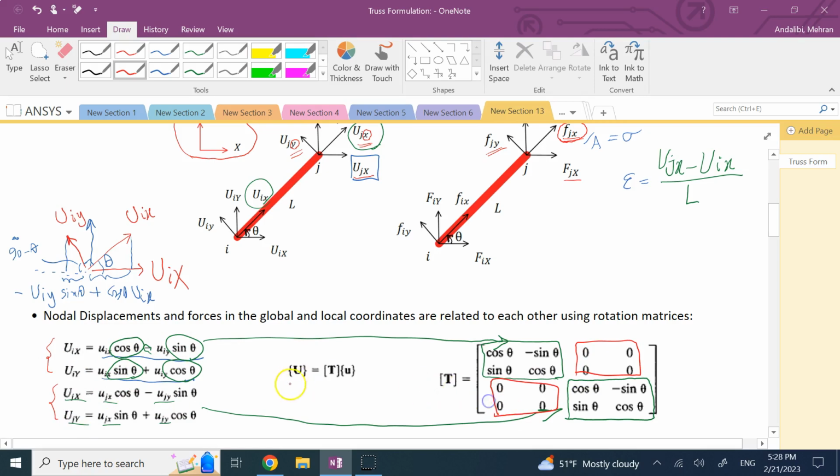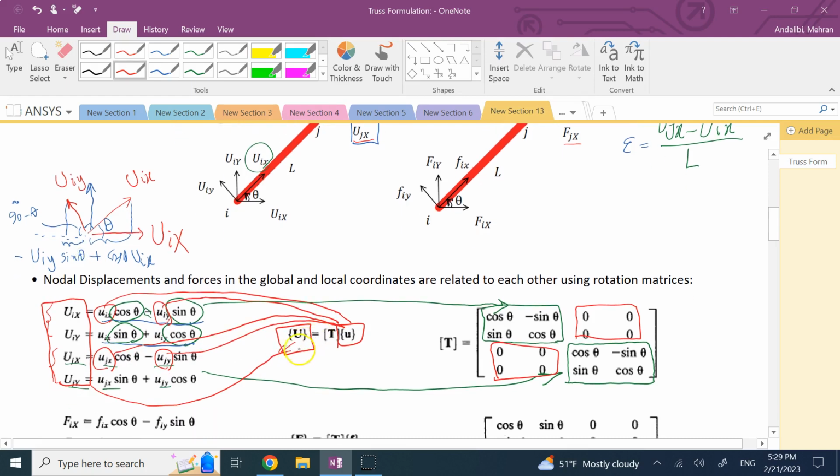Okay? So here this capital U is all of these 4 guys. This is the capital U, and then all of these small u's, these 4 guys, they form the small u. So I can relate the global and the local nodal displacement by a simple transformation matrix or a rotation matrix, 4 by 4, like this.